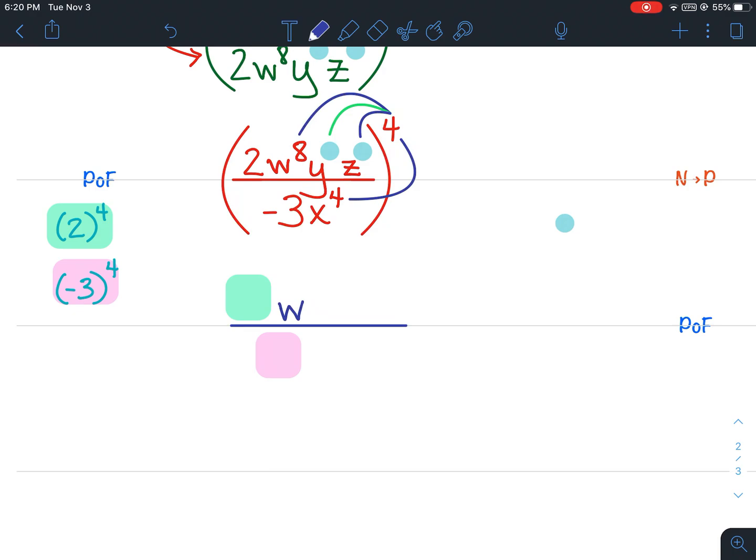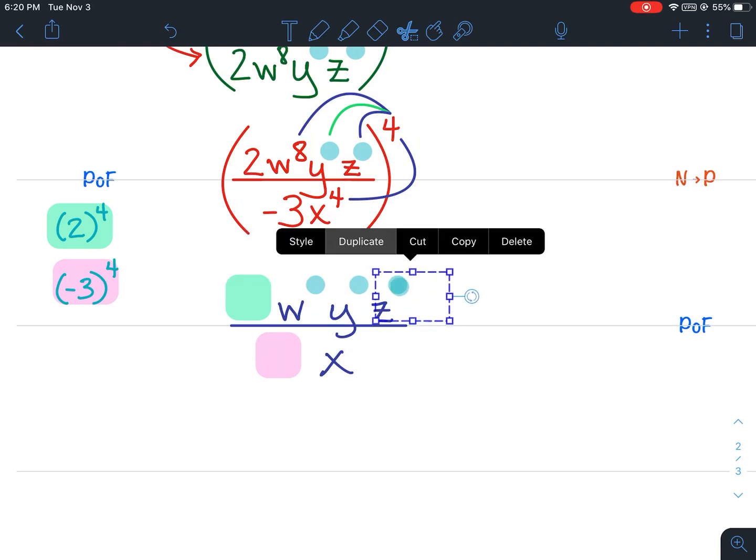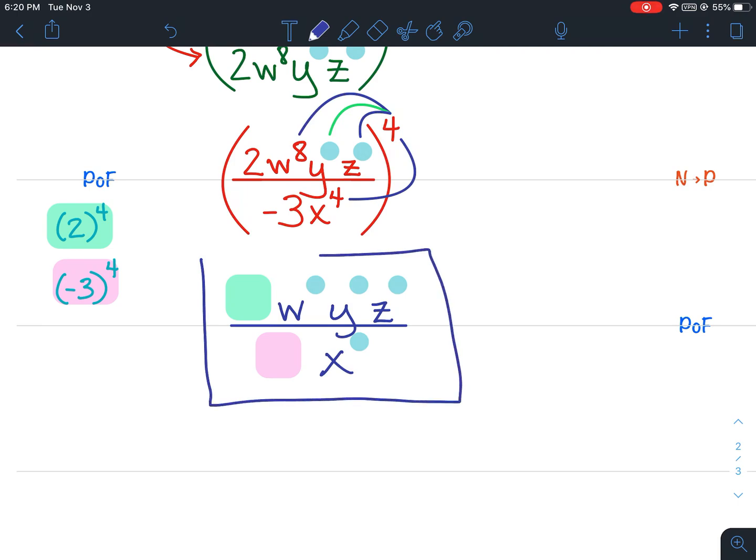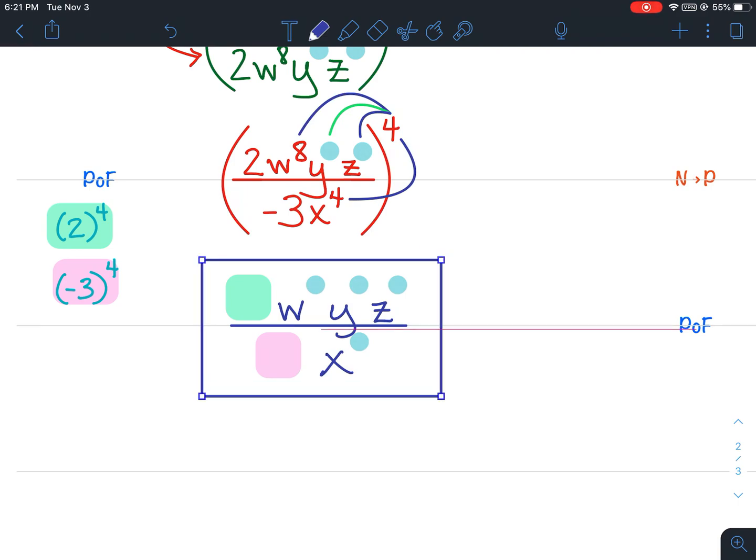All right, so we've got w, y, and z in the numerator, and then the x term in the denominator. And that is it for question number 10.